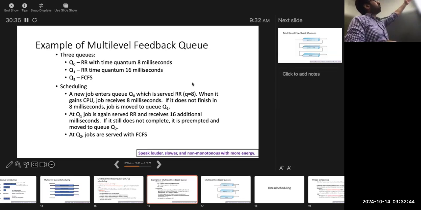And even when you move the process to the Q1, and in the Q1 you assign it 60 milliseconds, let's say it gets completed, fine. If not, if it still needs more time, you can move it to the next lower queue where you are using a different algorithm, first come, first serve. Maybe this process is going to take a considerably longer amount of time.